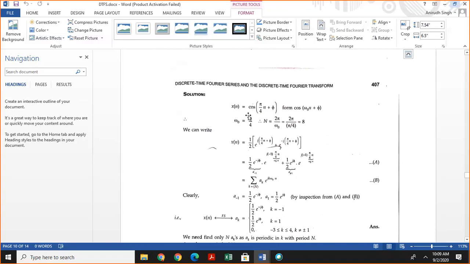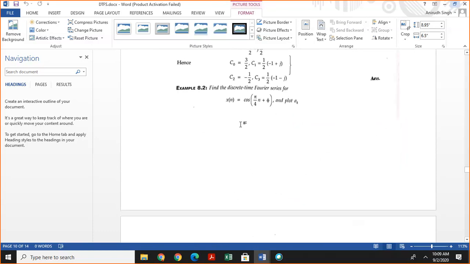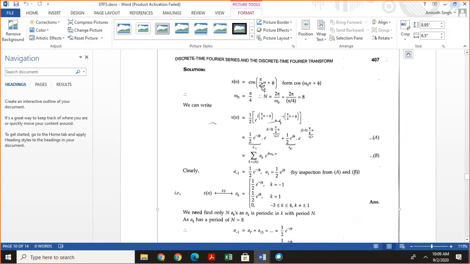Solution: x of n is given by this expression, cos omega n, where omega is equal to pi by 4. N is equal to 2 pi by omega. Substituting the value of omega as pi by 4, the pi cancels, and we get 8. In this case, the value of the fundamental period is 8.